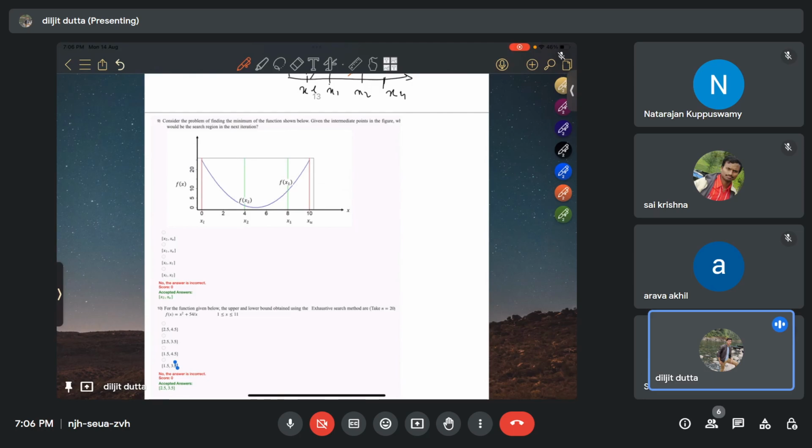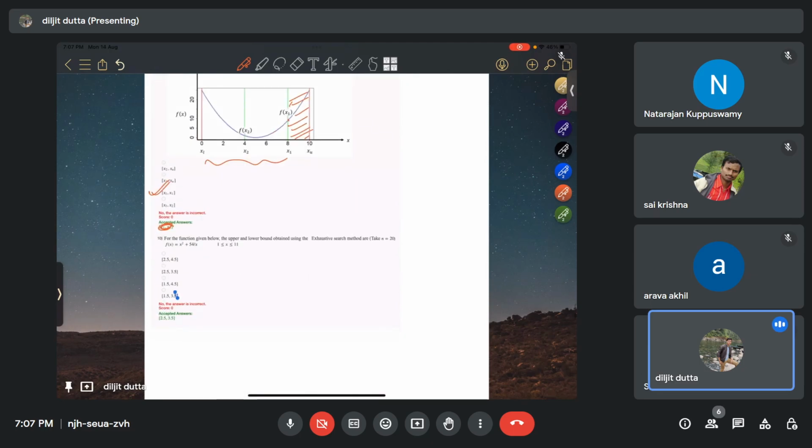Yeah, sorry, here the answer will be eliminating this region because f of x1 is greater than f of x2. So the new search region will be between x1 and xu. So this is incorrect: new search region is between xl and x1. This is again based on the basic formula of region elimination, that we eliminate a region if f of x1 is greater than f of x2.